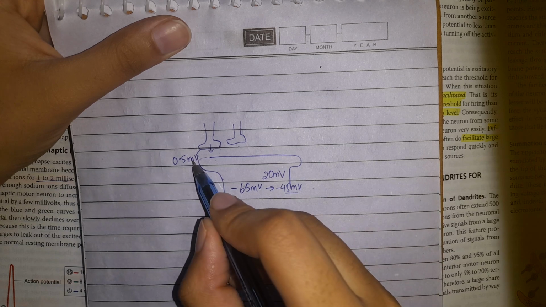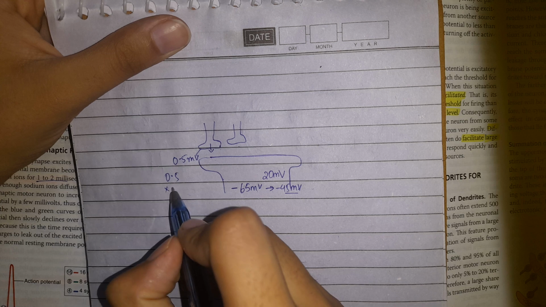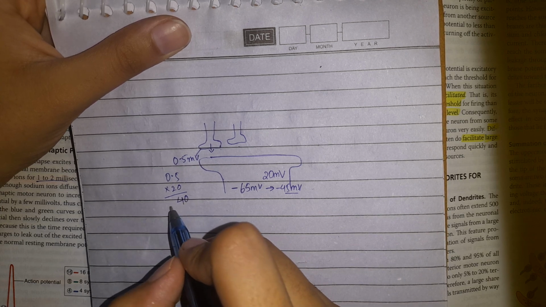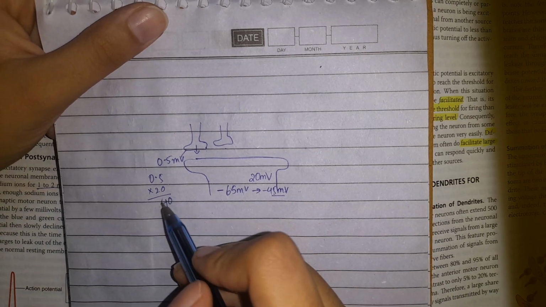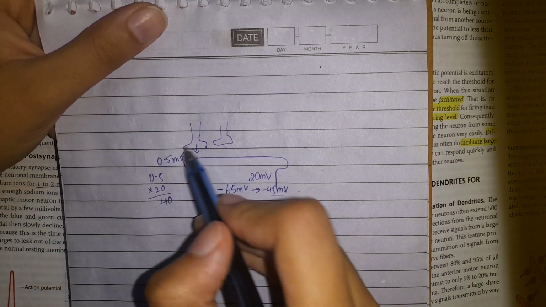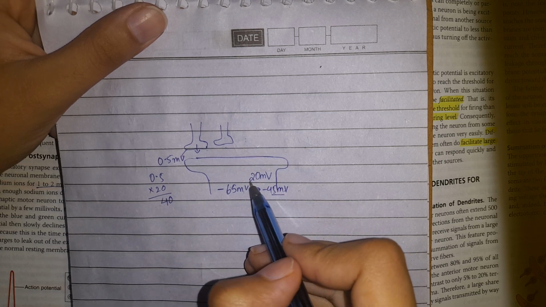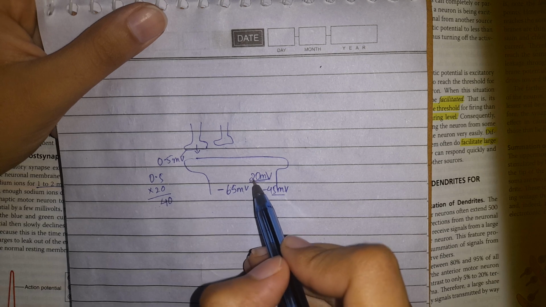So we need such neurons: 0.5 multiplied by 40 makes 20. So we need at least 40 such neurons to fire at the same time so that they reach the 20 millivolt potential. That is how it happens.